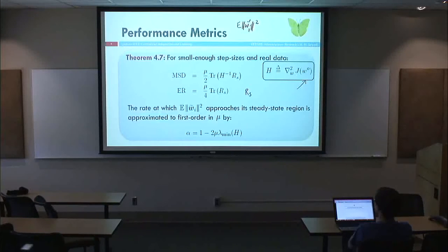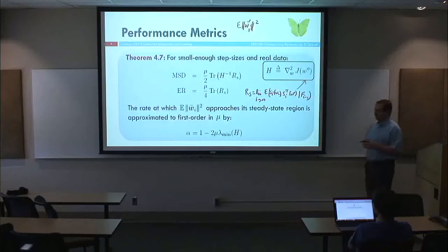Just to remind you, R sub S is the covariance matrix of the noise process s_i at omega o, times s_i transpose at omega o, conditioned on the past, and the limit of this. So it is the steady state covariance of the gradient noise.